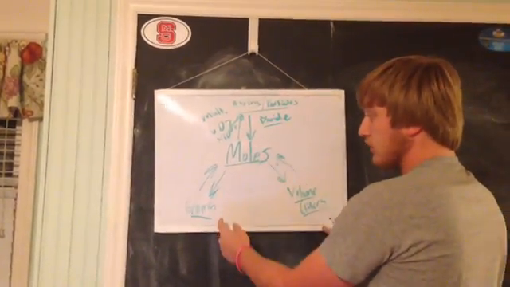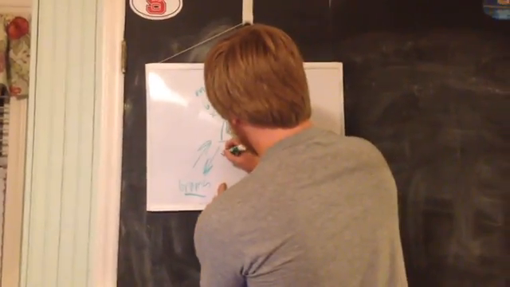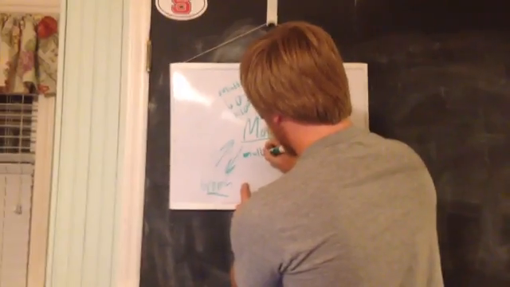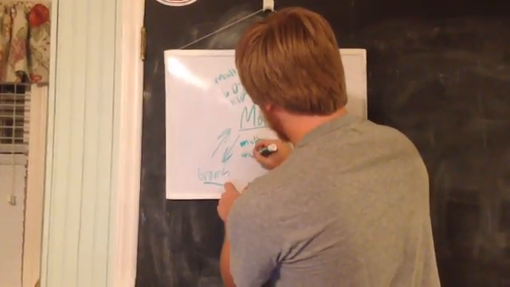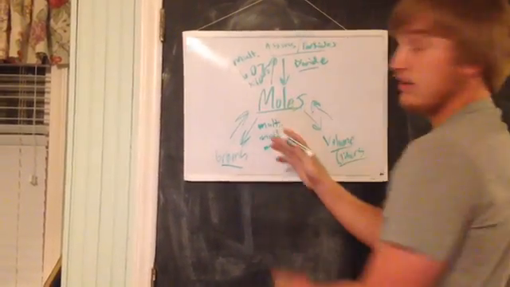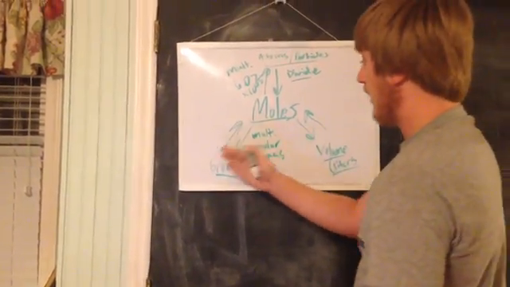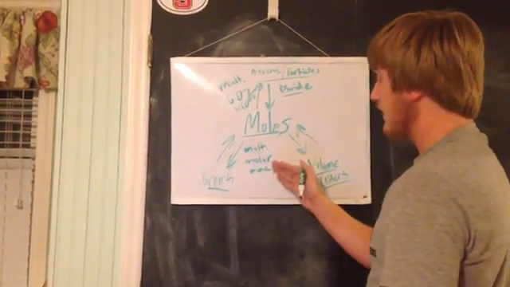And if you're going down to grams, you would multiply by the molar mass, which I will tell you how to get to in a little bit. And if you're going to go from grams to moles, you would divide by that same molar mass.